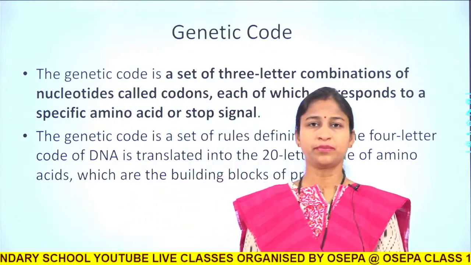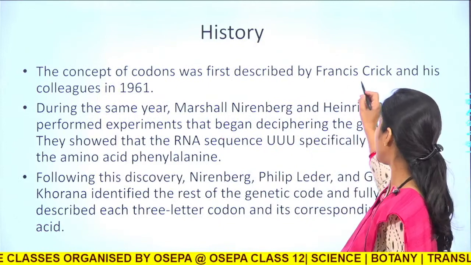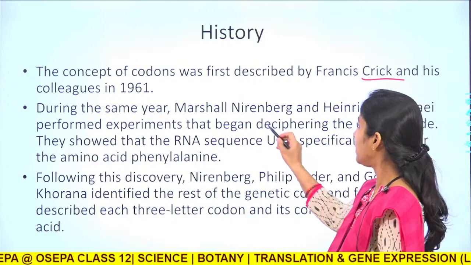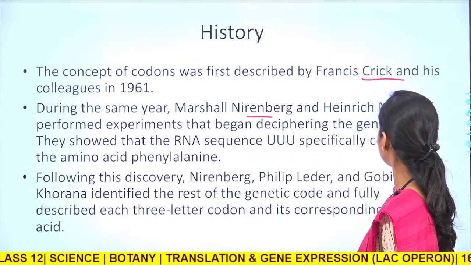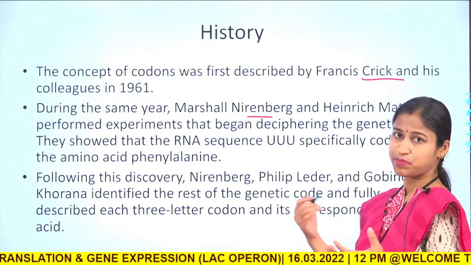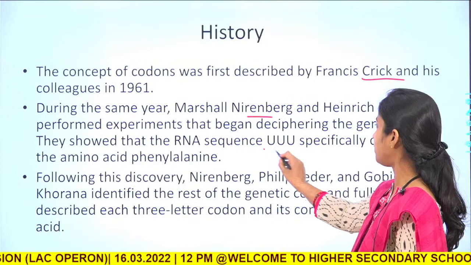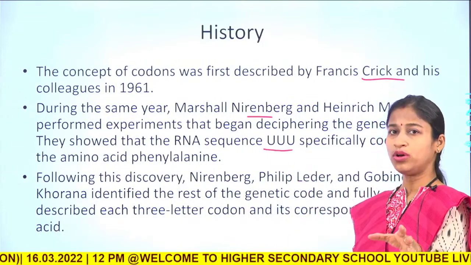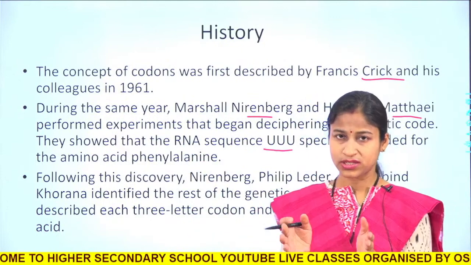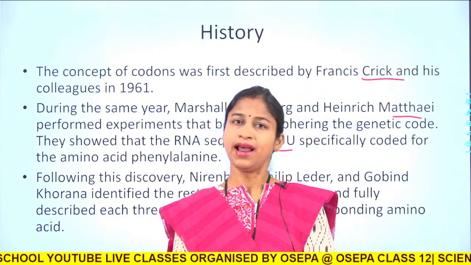Now the historical background: it was first described by Francis Crick, later by Nirenberg and Matthaei, who performed many experiments which showed that the codons are triplet. Mostly they took a sequence of repeated U's, and they saw that the triplet UUU codes for phenylalanine.